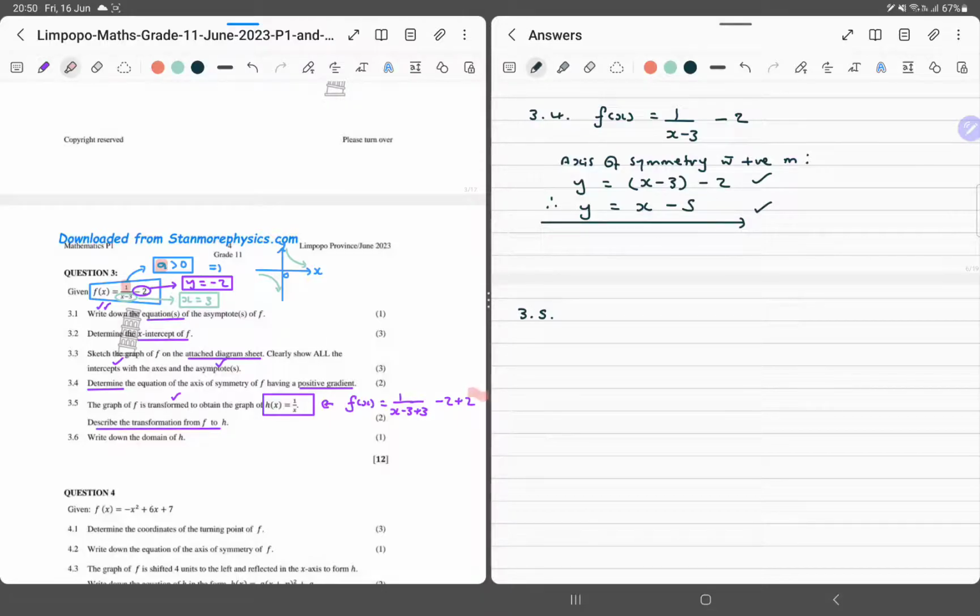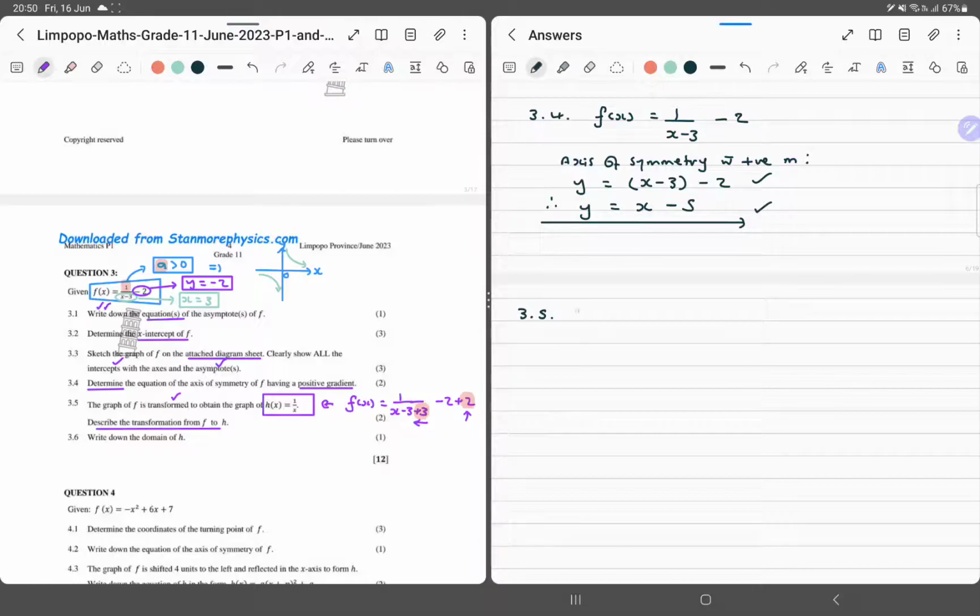So what we did here, we added a 2 and a 3. So now if we add a 2 on the y values, that's a vertical shift upward. And then if we add a 3, that's a horizontal shift to the left. Okay, by those values in terms of units.